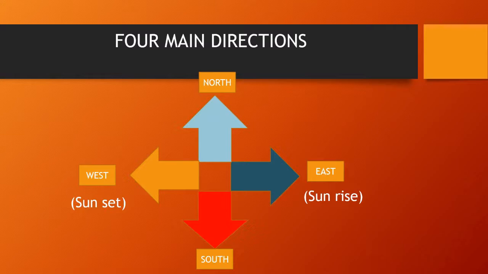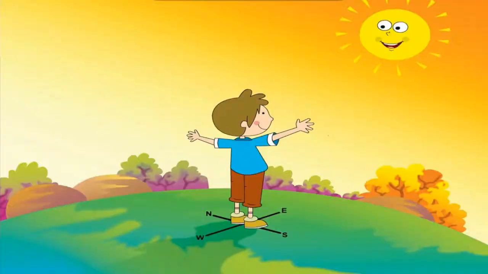Opposite to east is west. Opposite to north is south. Student, do you know the sun rises in the east and sets in the west? The sun rises in the east and sets in the west.